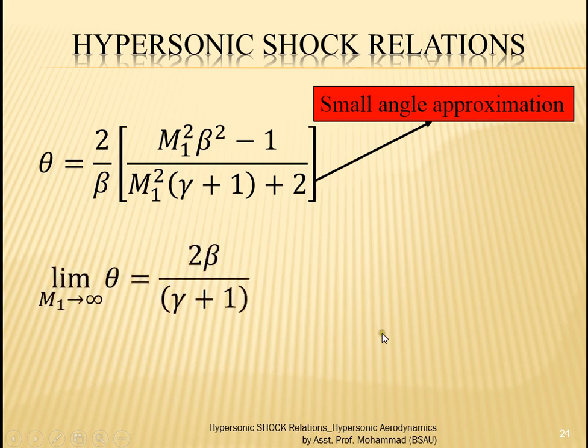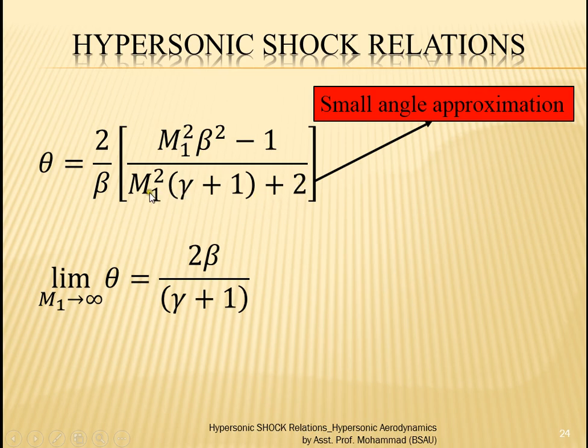Now we apply the high Mach number approximation. If the Mach number is very high, this term will be very high, so the 1 vanishes. And since this is also very high, the 2 vanishes.